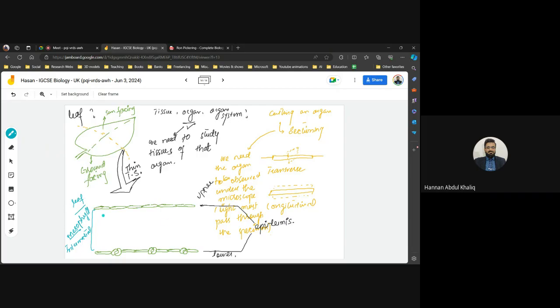Okay. Now in the mesophyll, you'll see two kinds of cells. I'll draw just a very long chain. These two are called epidermal cells.